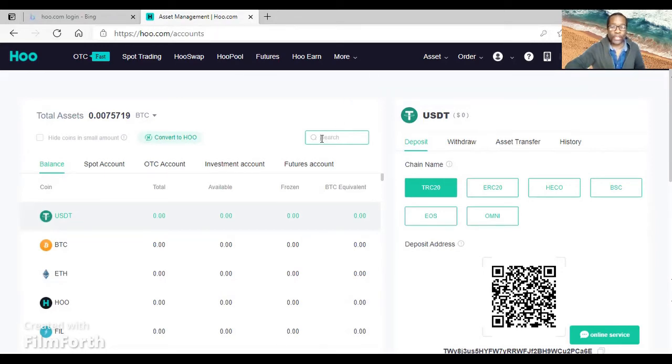So here we are. I am now at Blue Exchange. Like I said, you have to make sure that you send your MOF to a platform that supports MOF, that has the pairs where you can trade it. Let me search MOF.